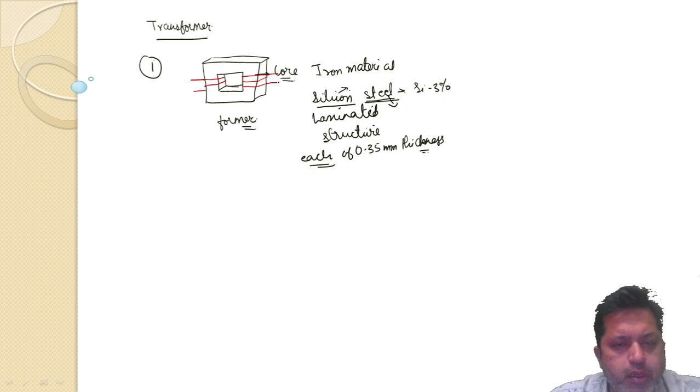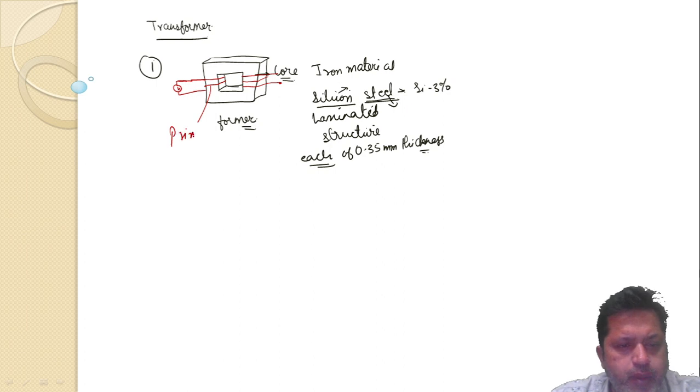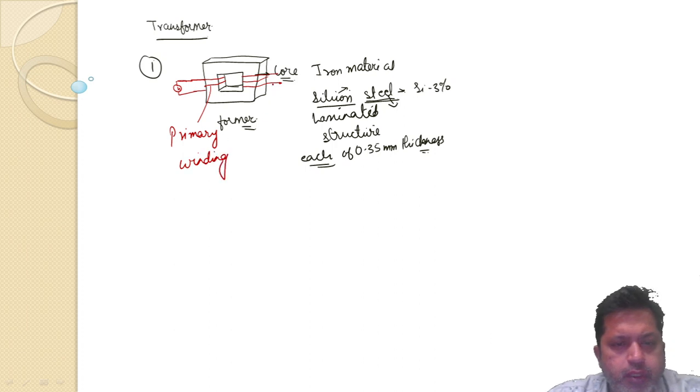This is your winding where supply is connected, called the primary winding. This is your winding where you connect a load, called the secondary winding.